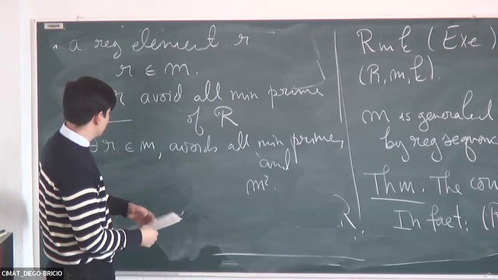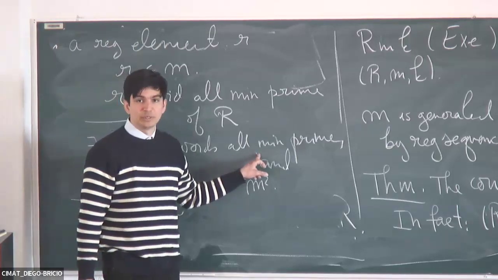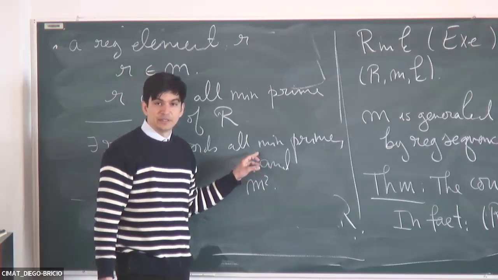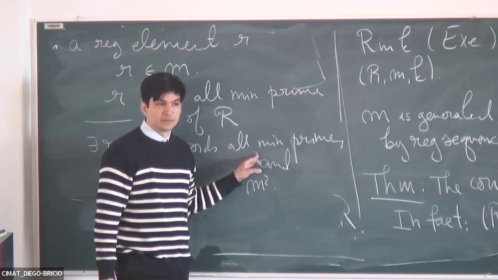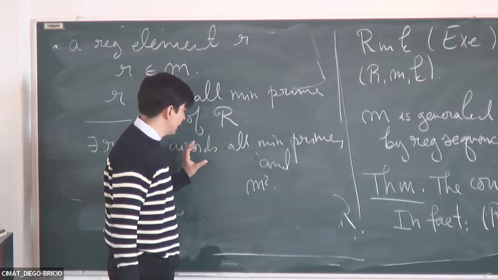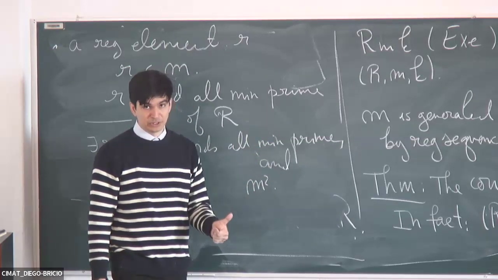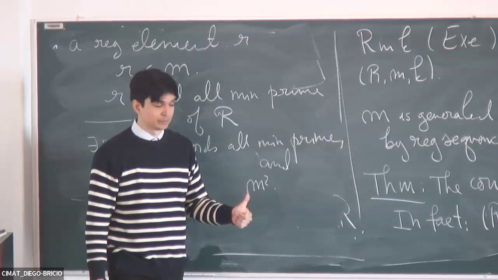And so the reason why M avoids all minimal primes is because of the dimension reason, right? If it's equal to one of the minimal primes, then the ring is zero dimensional. So M avoids all minimal primes because of dimension reason. It has positive dimension. That's the hypothesis. That's where you use it.